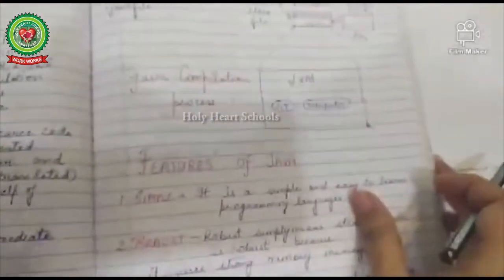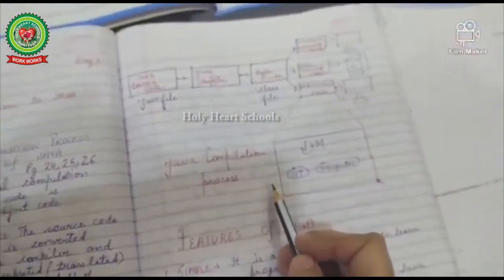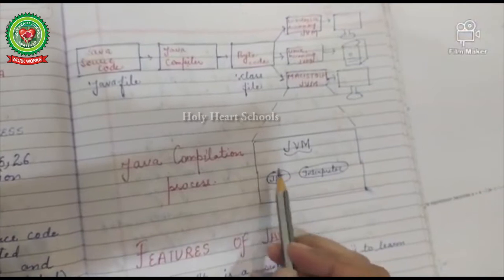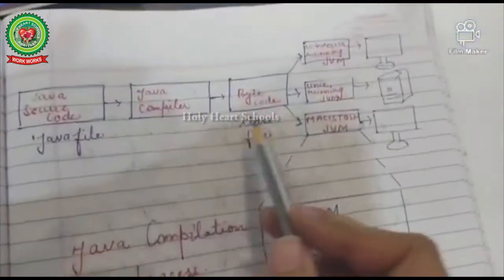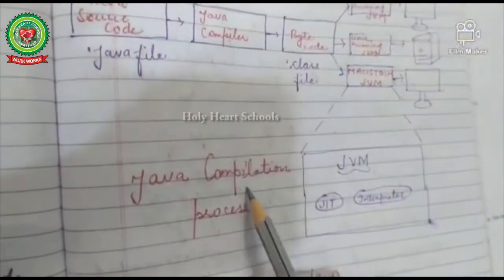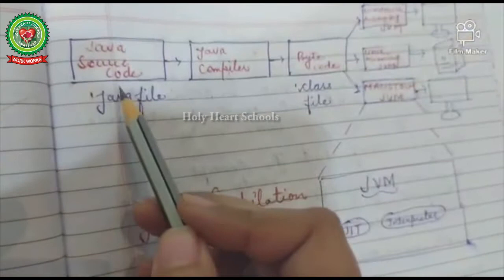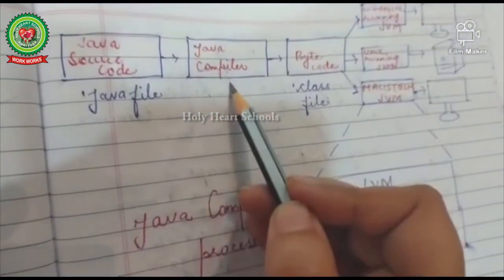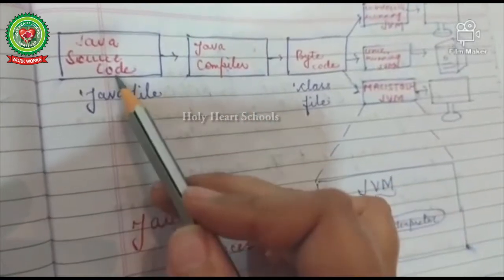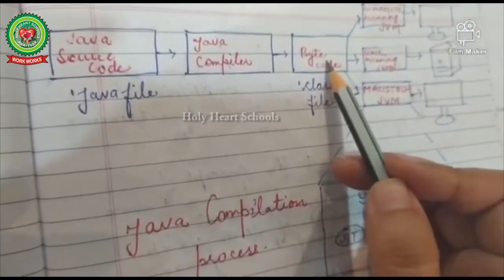Now we will understand the Java compilation process with the help of this diagram. As we know, in the traditional compilation process, the source code is converted into object code. But in the Java compilation process, firstly we have a source code, that is a .java file. Then there is a compiler that converts our source code into bytecode.